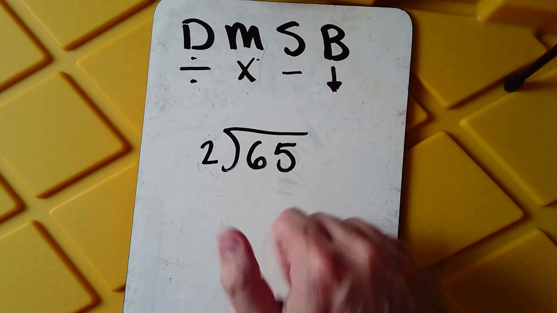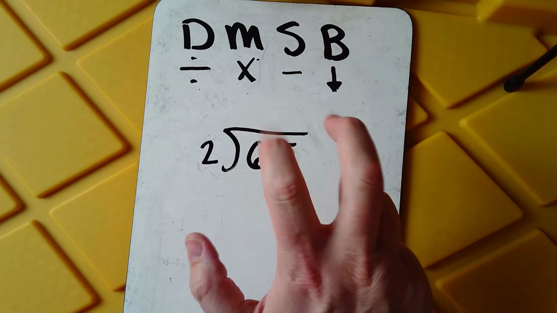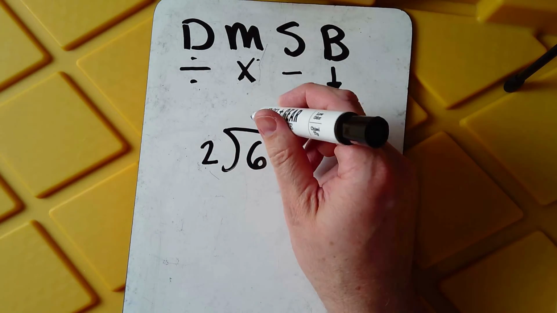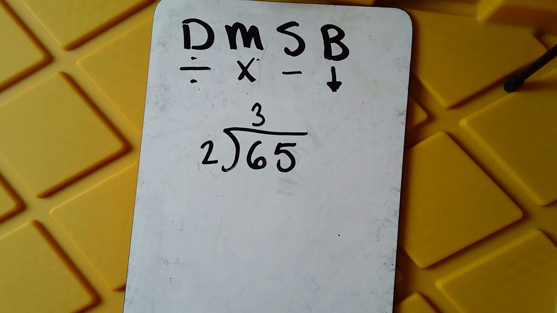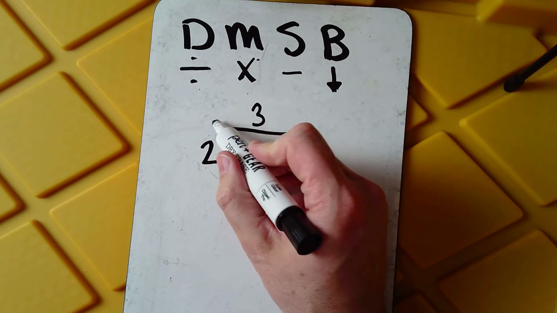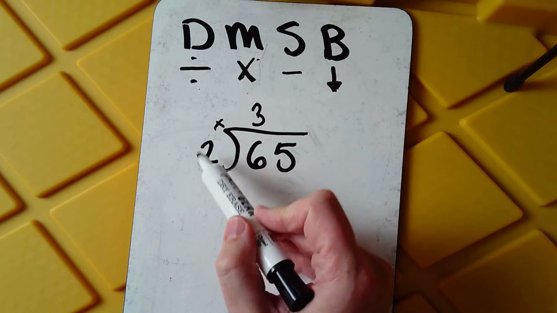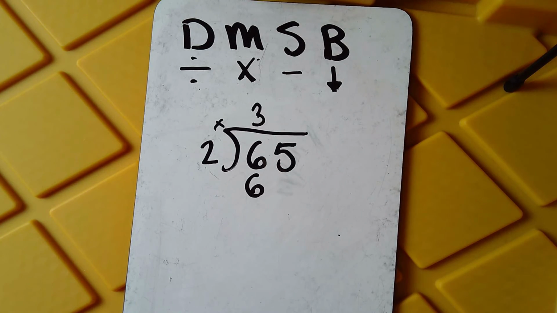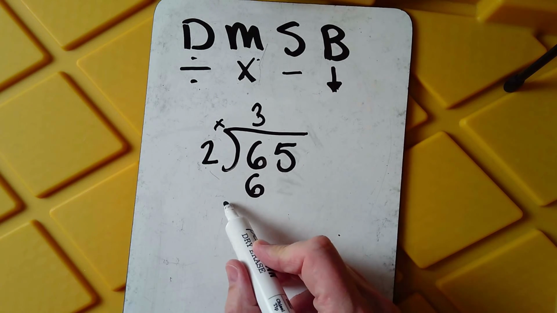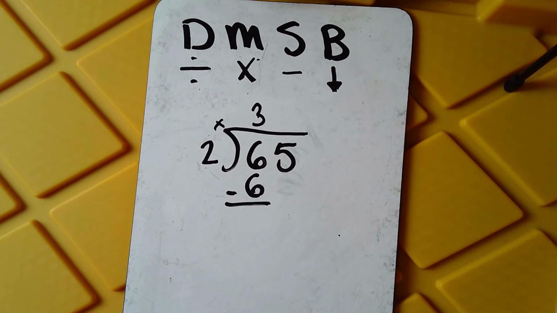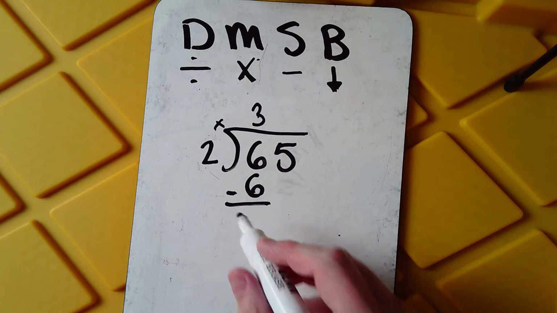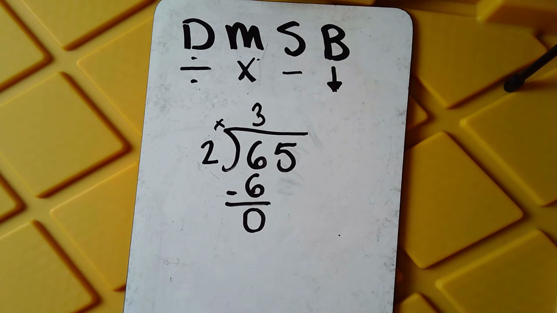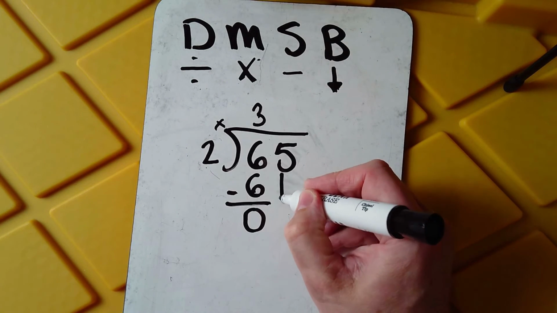Well, if I count by 2s, 2, 4, 6, right on to 3, right? 3 times. Put the 3 up top. Now it's multiply time. 3 times 2 gets me 6 exactly. Now subtracting time. I subtract, I'm going to get, you're right, 0. After I subtract, I need to bring down. Here comes that 5.